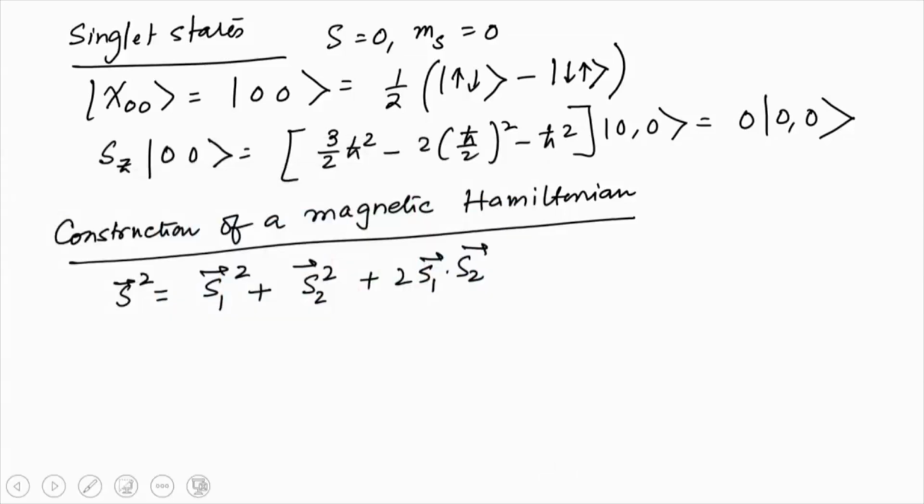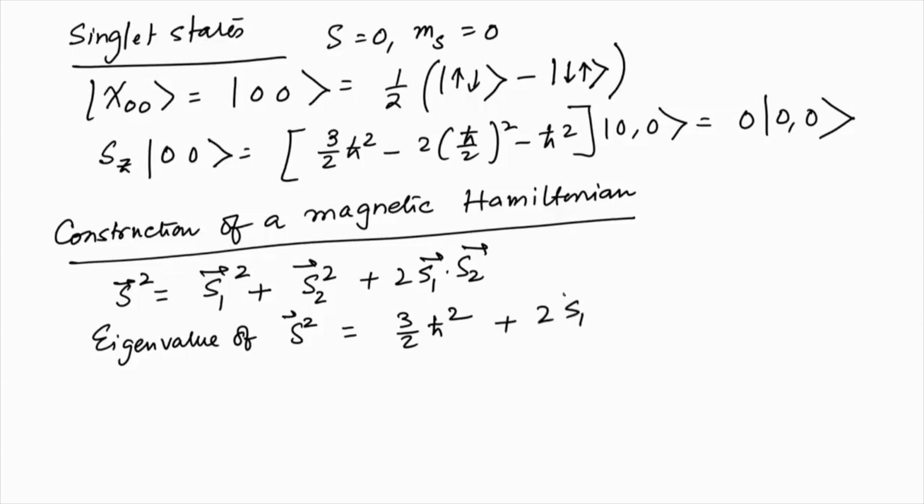Now, the eigenvalue of S square is equal to 3 by 2 h cross square, as we have discussed, that 3 by 2 comes from 2 terms of 3 by 4 h cross square, each of S 1 and S 2, plus 2 S 1 dot S 2.